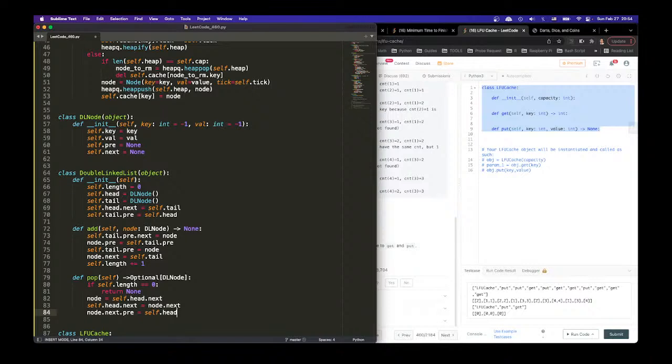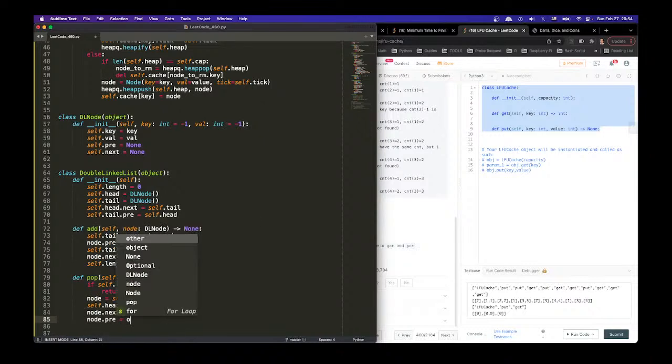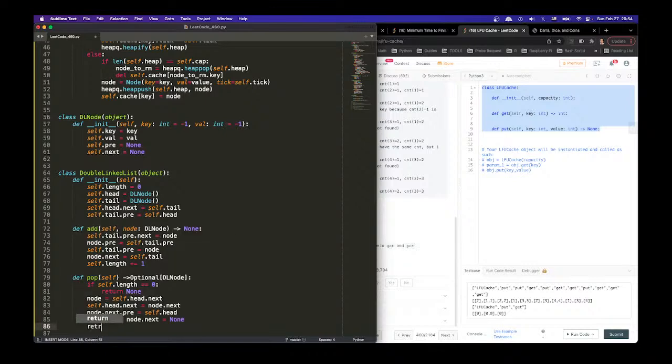So node.next is still pointing, and node.pre is still pointing, but that's fine. We're not using the node anymore, but we can just say node.pre equals node.next equals None, just to remove all possibility of contamination. And we return node. That's pop.